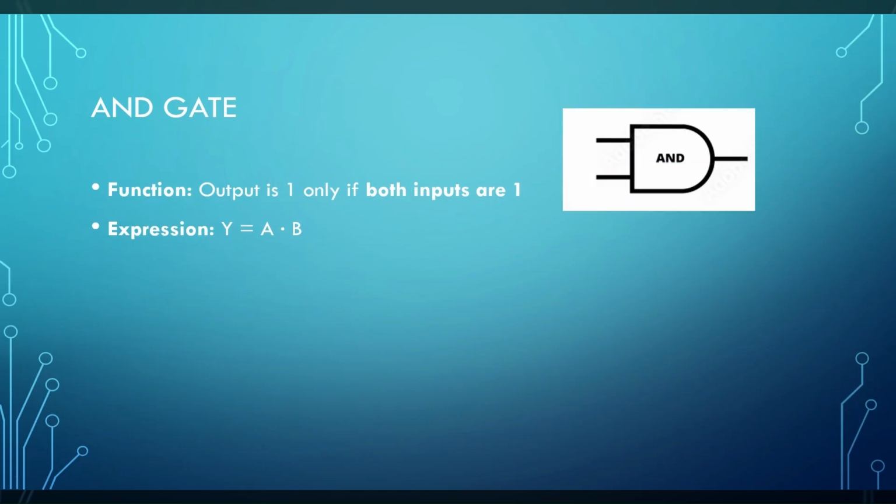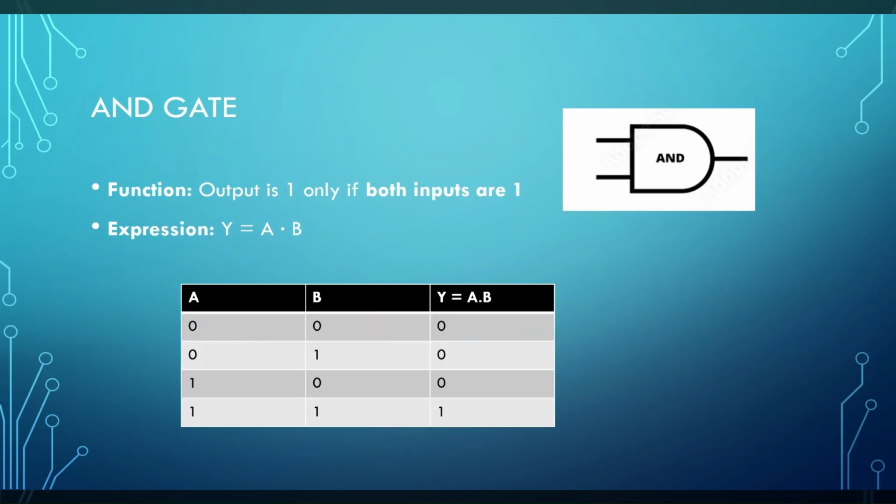Now the symbol for the AND gate looks like D. As the word AND has D in it, the logic symbol for this also has the shape of D. Here 2 inputs are given and the output is a single output. Now the truth table for this has A and B. To draw this truth table, first we will write 2 zeros and 2 ones, then 0 1 0 1.